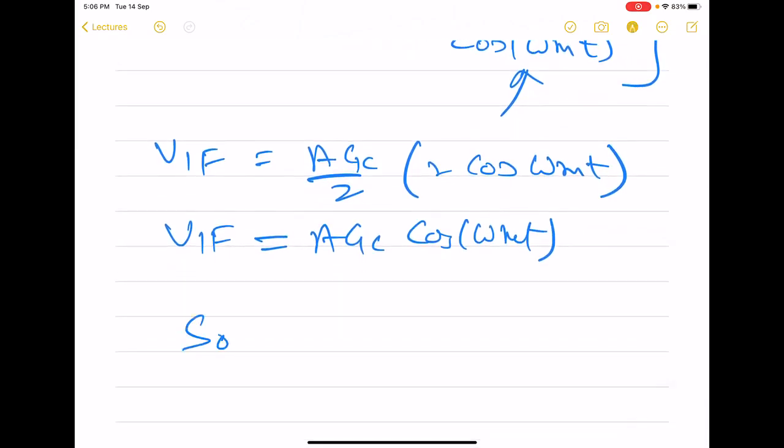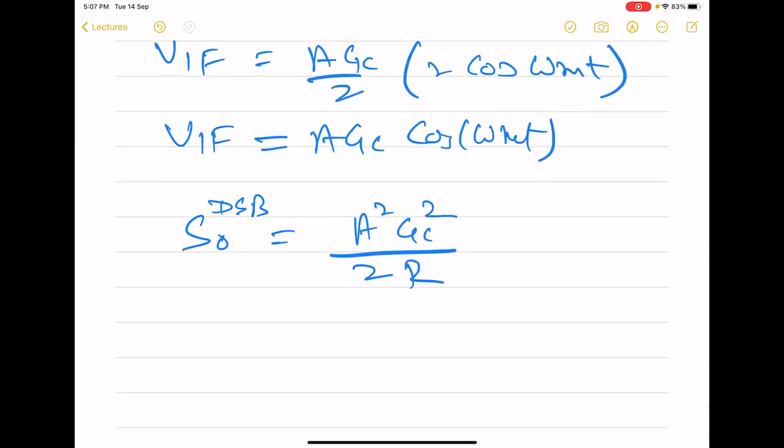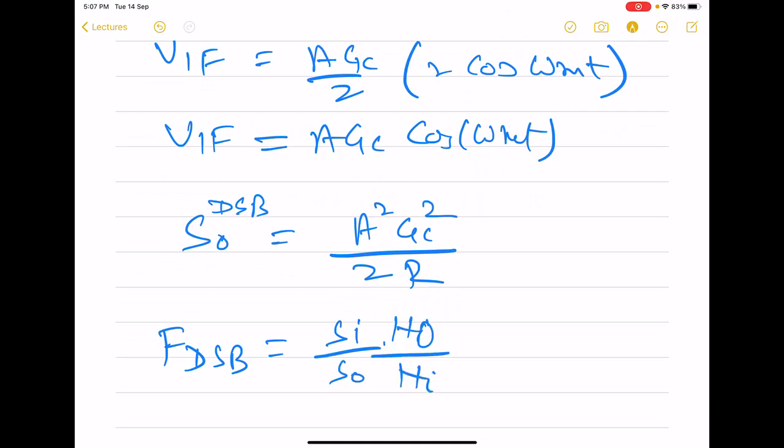For the DSB case it is A square GC square by 2R. So now we know all the four components.